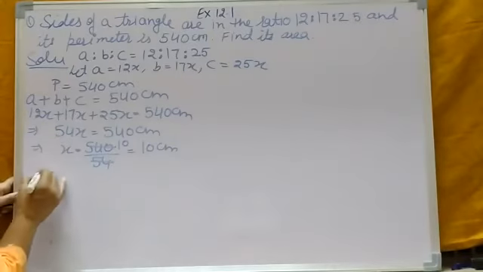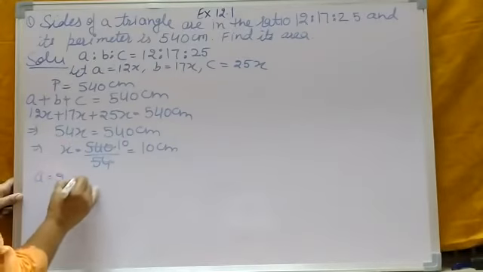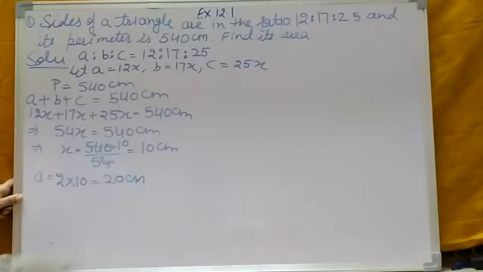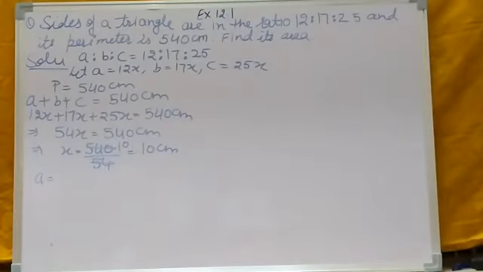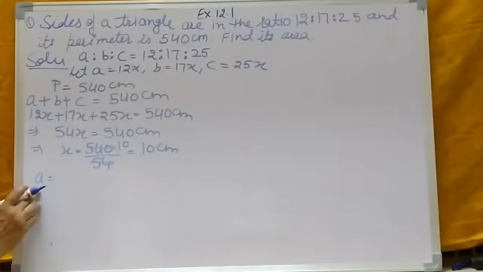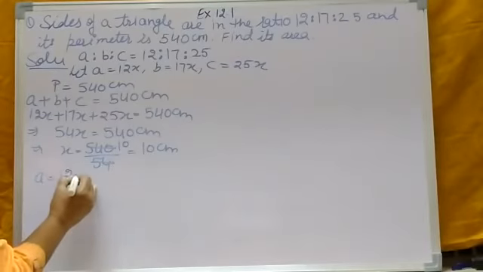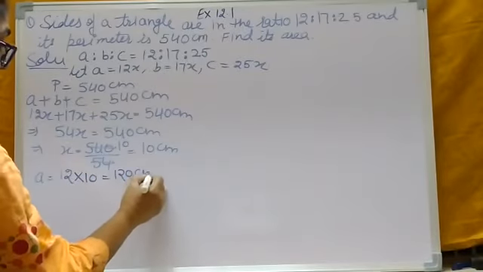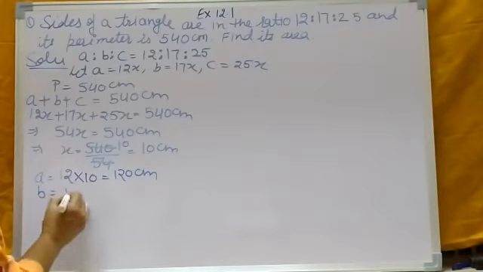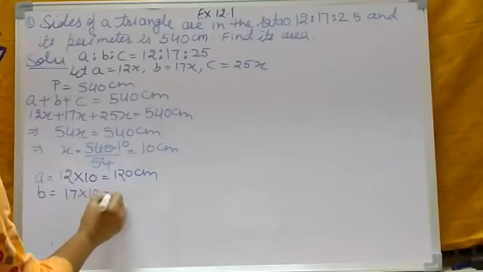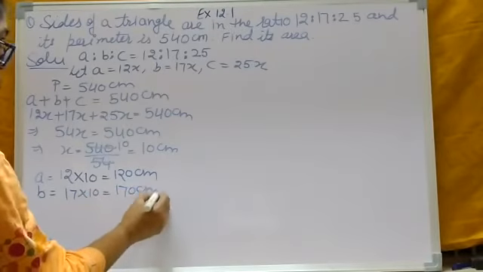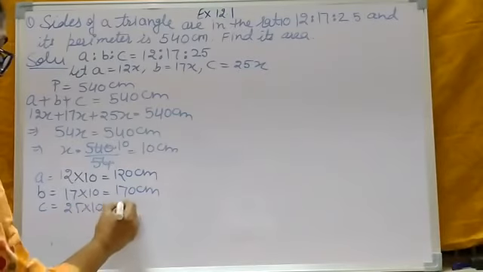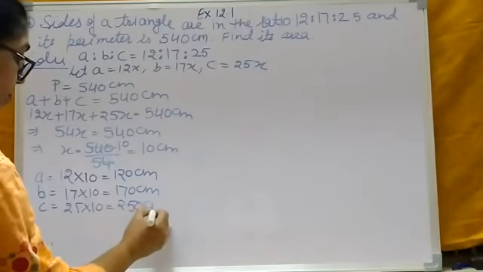Now a is equal to 12x. 12 into 10 is equal to 120 centimeter. b is equal to 17 into 10, 170 centimeter. c is equal to 25 into 10 is equal to 250 centimeter.